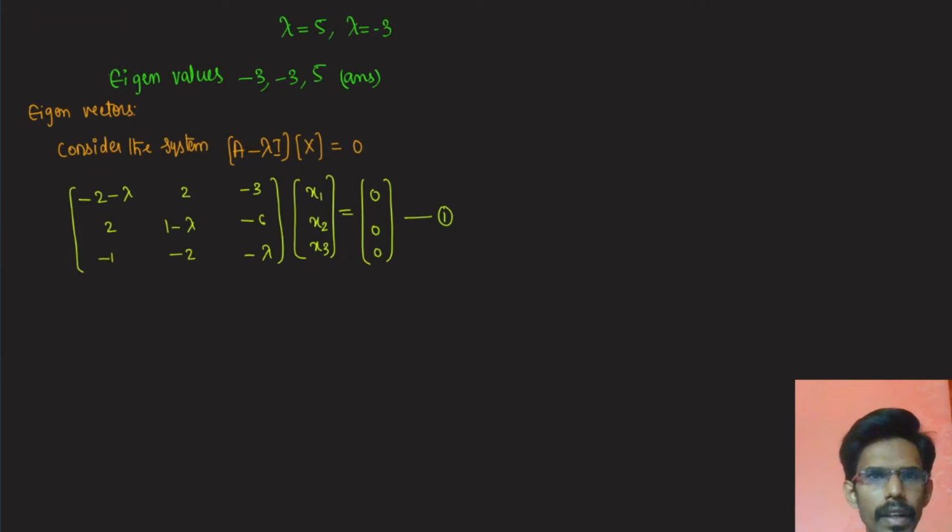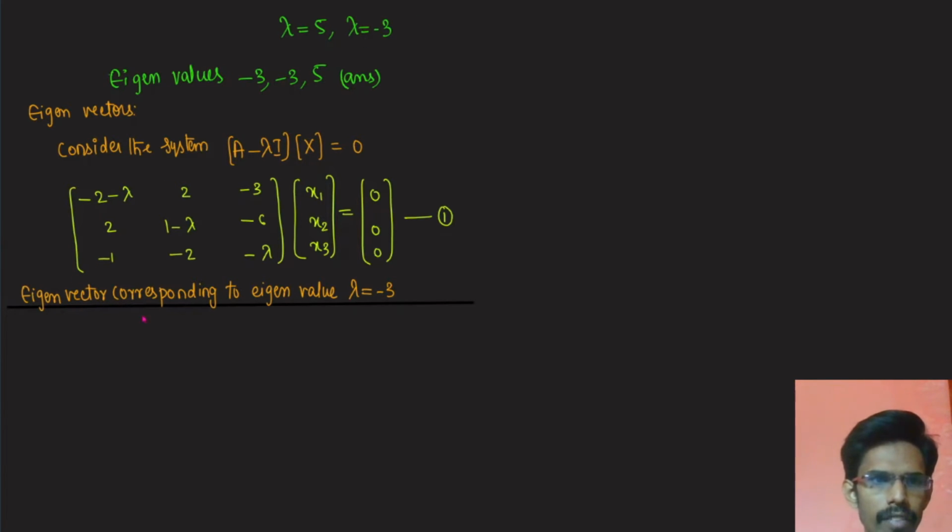Now we want eigenvectors corresponding to eigenvalue lambda equal to minus 3, right?